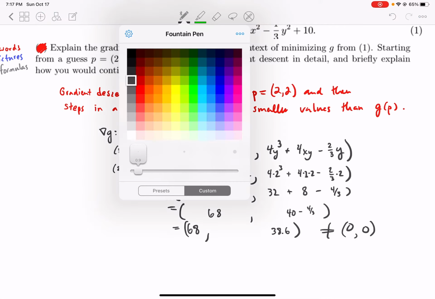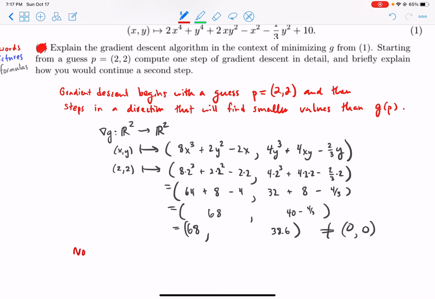Okay, so now we move to decrease the function value using linear approximation.